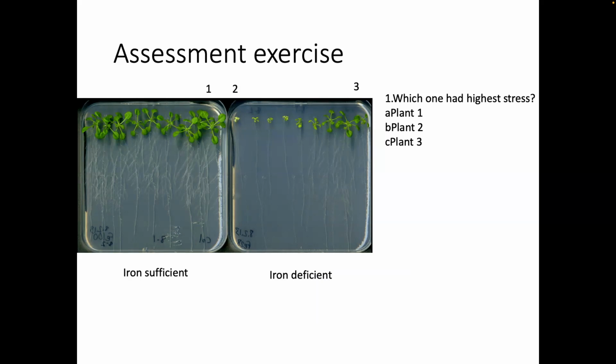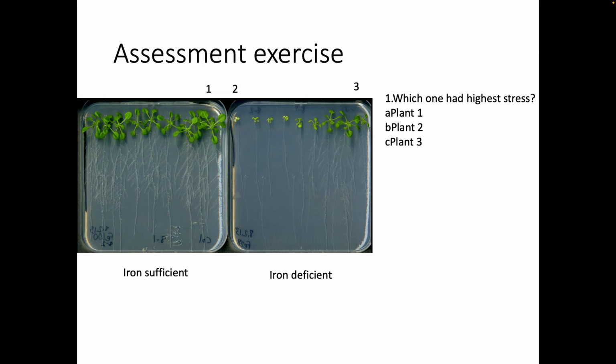Okay, I have a question for you. I hope you remember this picture from my article. This is iron sufficient medium. This is iron deficient medium. These three are wild types.